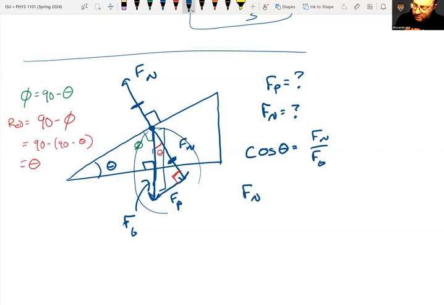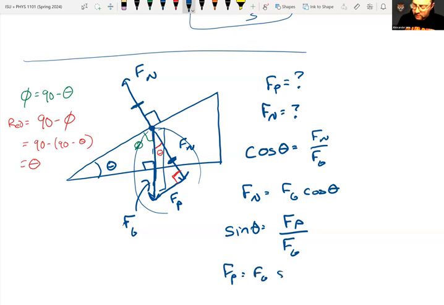So that means F sub n would be equal to F sub g cosine theta. And then sine theta is equal to the opposite over the hypotenuse. So in that same triangle I circled, that would be F sub p over F sub g. And that means that F sub p would be F sub g sine theta.